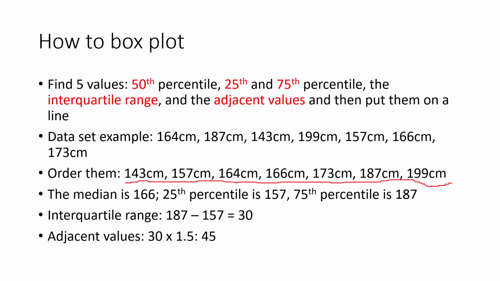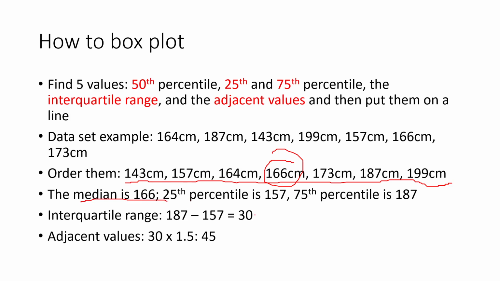I already did this off camera, and there are seven data points in this experiment. If we halve 7, that's 3.5. You round it up to 4. So you count 1, 2, 3, 4. This is your median, 166, and there it is.